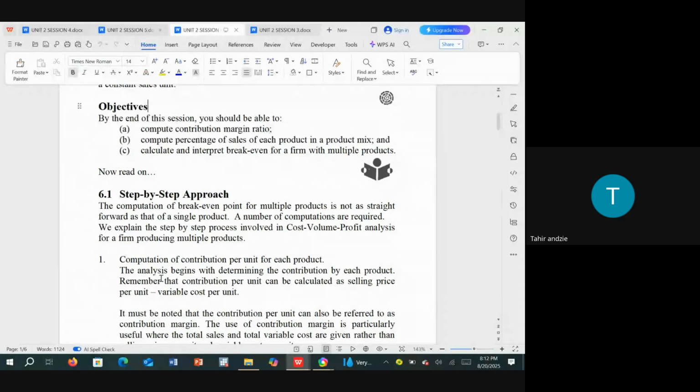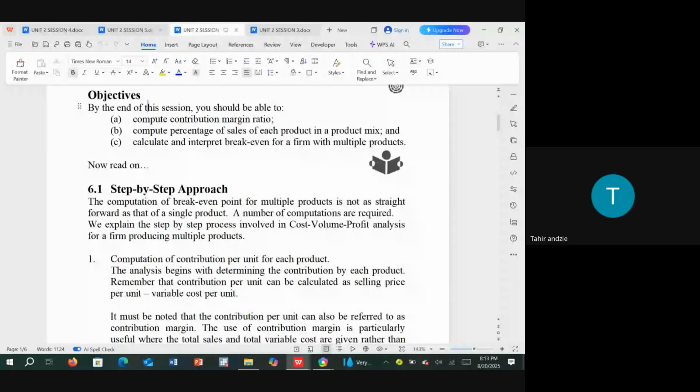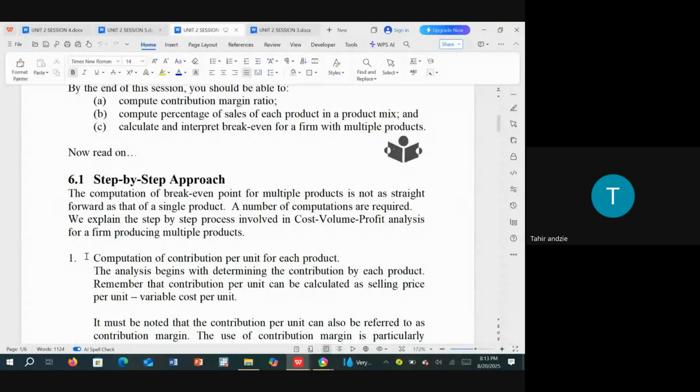Then ask relevant questions so that you'll be able to get it right from here. Because most of the time, students do not get this aspect. You will finish teaching, you ask them if they have understood, they will say yes, sir. The examination question will come, nothing is done. They get it wrong. So don't be that part of students. Okay, take your time and let us go through the steps one by one.